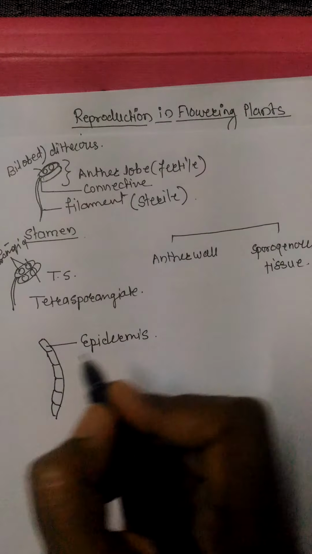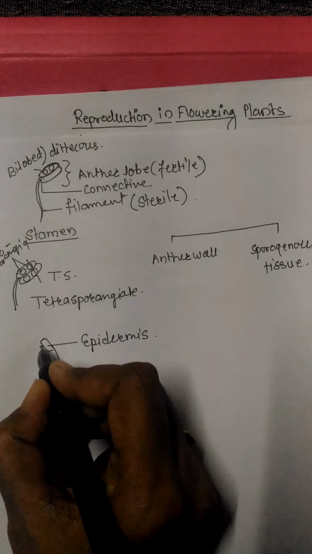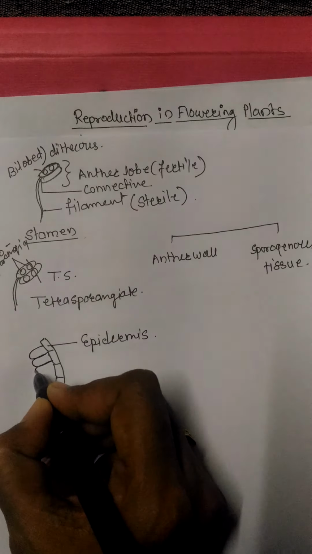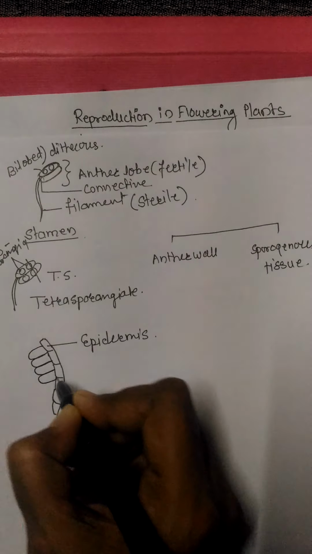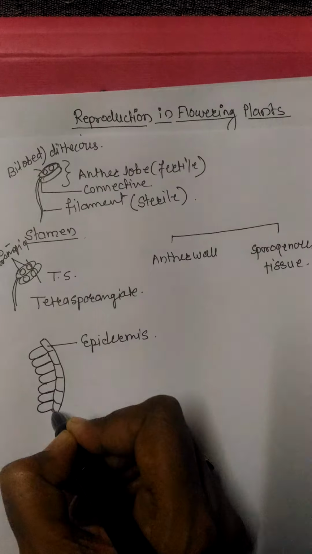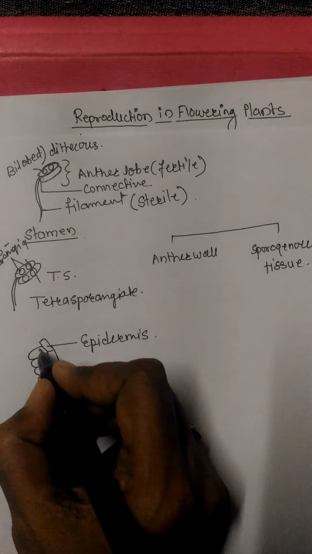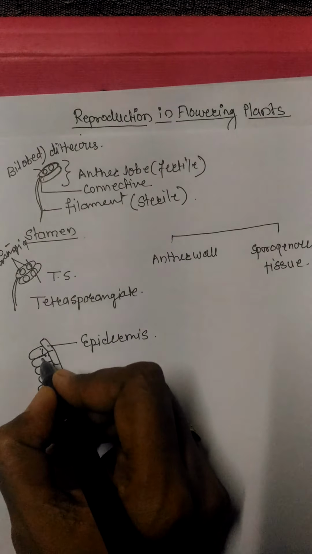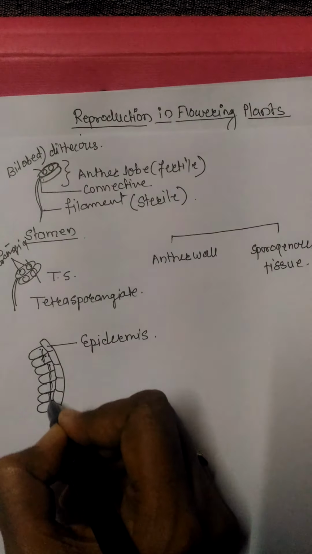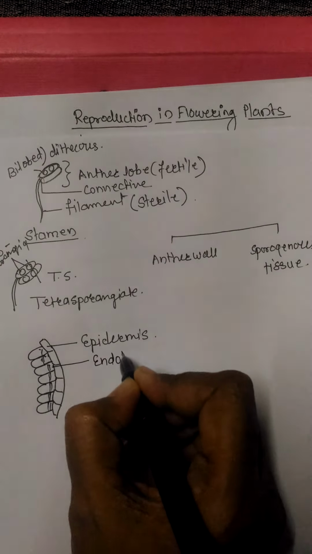Below the epidermis, endothecium or endothecial layer is present. These cells are radially arranged with fibrous bands. This layer is again single layered, known as endothecium.